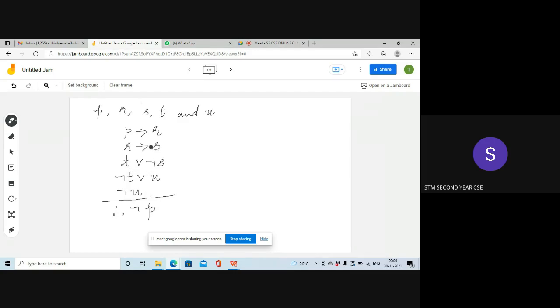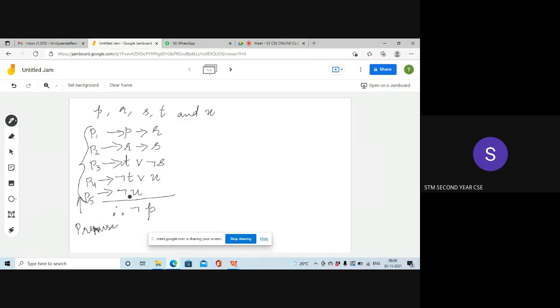I had written it in tabular form. So to prove this argument, these are arguments. This is P1, our first argument, P2, second argument, P3, third, P4, fourth, and P5, our fifth argument. These arguments we also call premises: premise 1, premise 2, and so on.